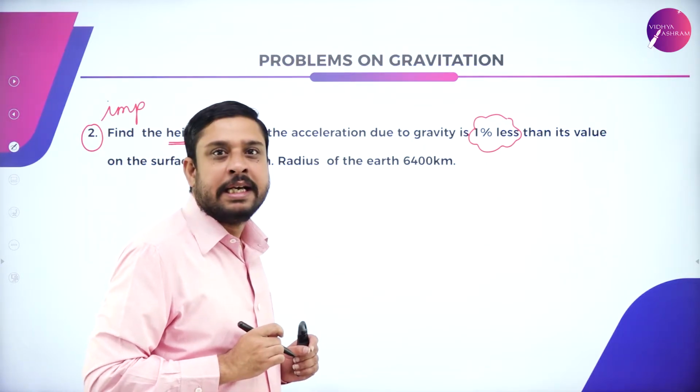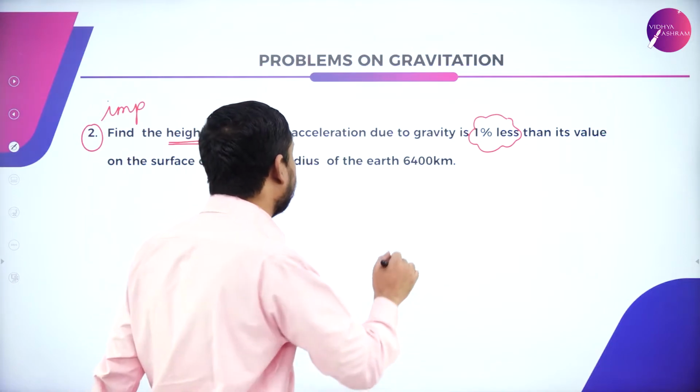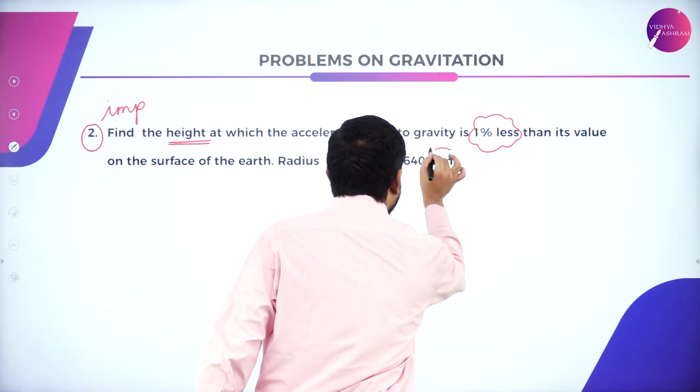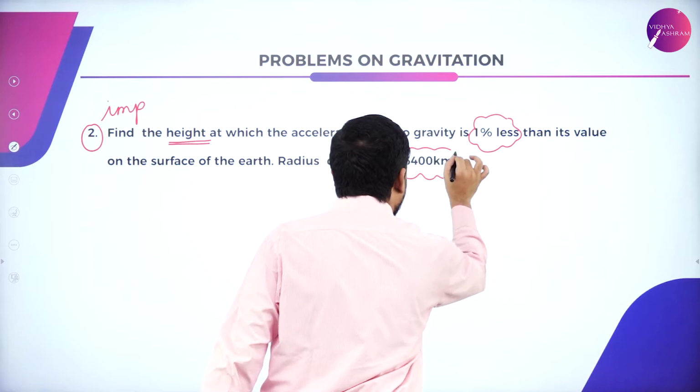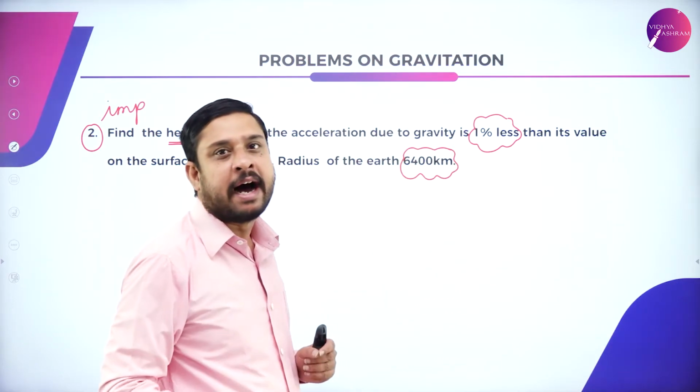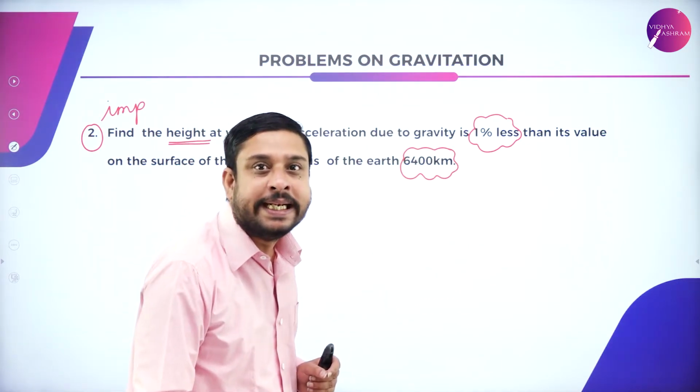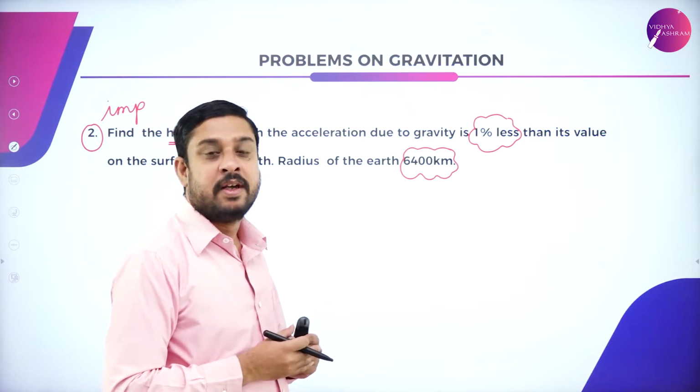Given radius of the earth is 6,400 kilometers. Very interesting.